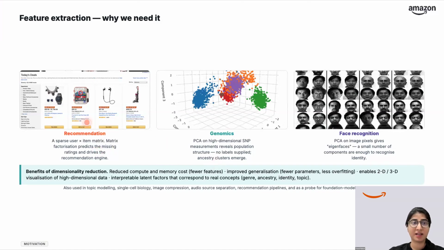So let's see the first, recommendation systems. In a traditional recommendation system, we have a user cross item matrix, and few of the entries are present for this matrix. The rest are missing, and the information present in this matrix can be a rating, a click, or any other information related to the product that is captured by the users, right?